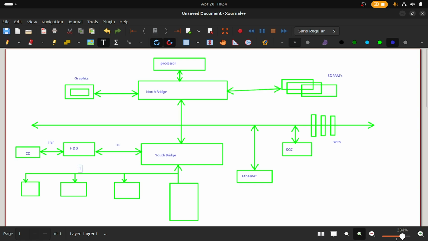That is ISA. That is called Super IO, input outputs. That is something like some boot ROM.